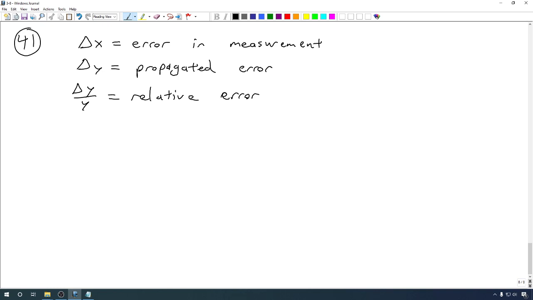But if we expected to get 100, and we had an error of 1, well, then we could be anywhere between 99 and 101. That's not too far off. I mean, relatively. It'd be an error of 1%. And that's what the relative error is saying. That if we have a big number for y, then a change in y needs to be relative to that to really account for how much of a percentage of error we actually had.